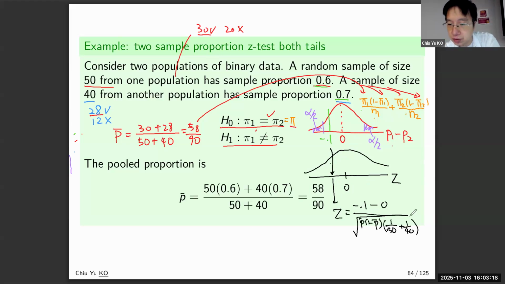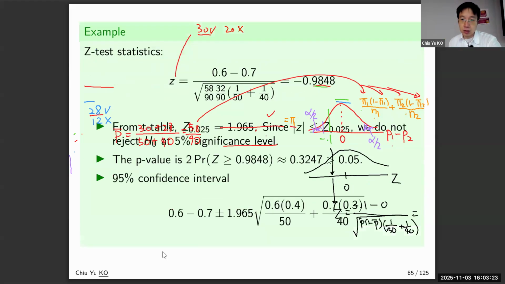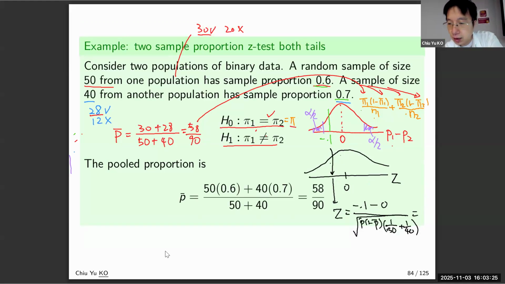Or I can just do the calculation. It turns out to be negative 0.9.